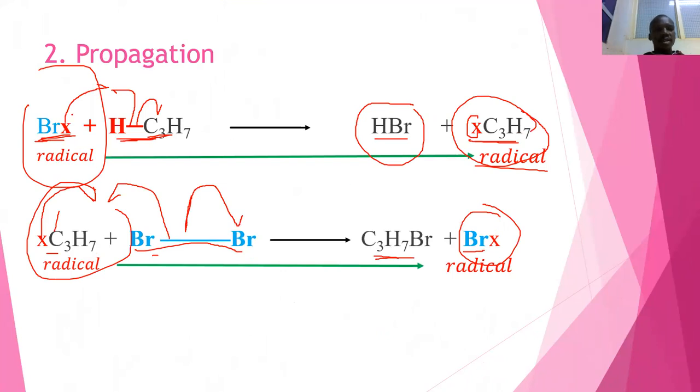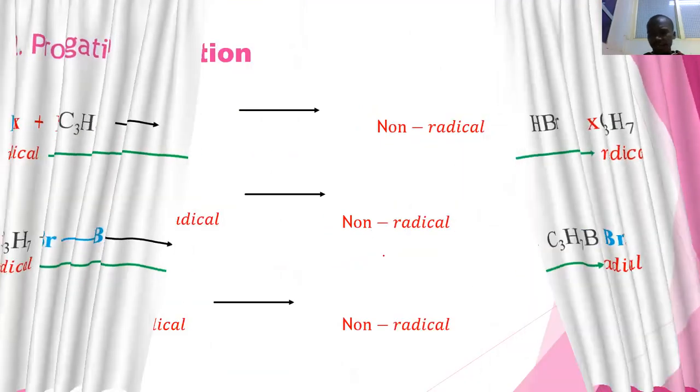For example, this one will react with this to give us the bromine atom, which is a gaseous diatomic. Also, this one will react with this one to give us what we call the hexane, that you should be able to know. Then also this one will react with this one to give us propane. Let's see those reactions, how they are taking place.